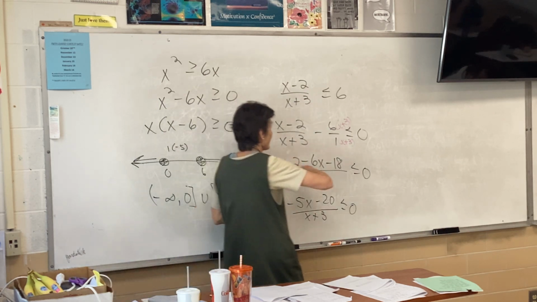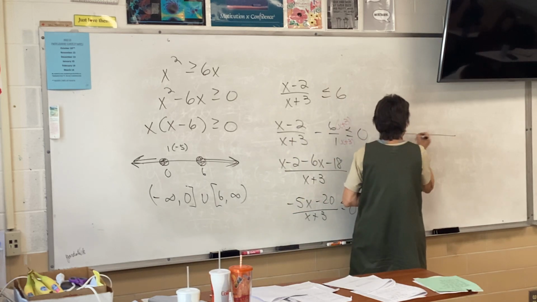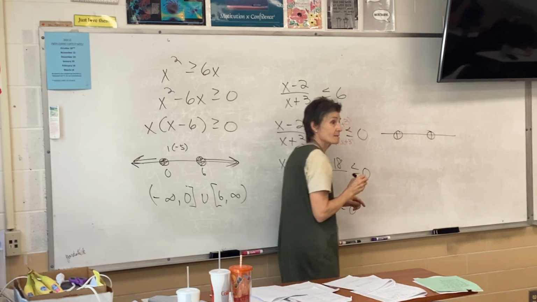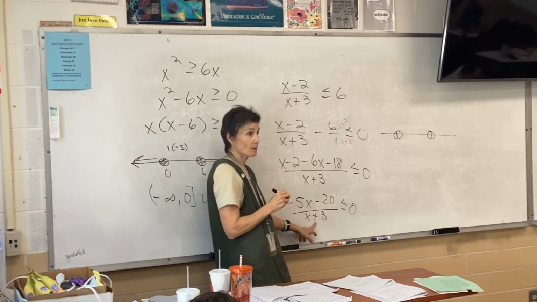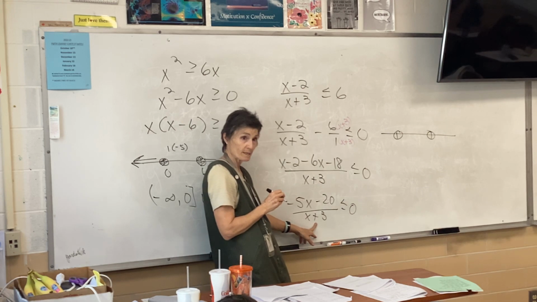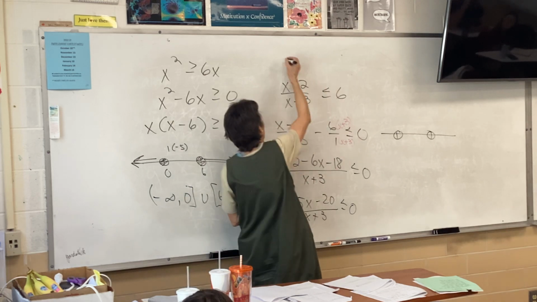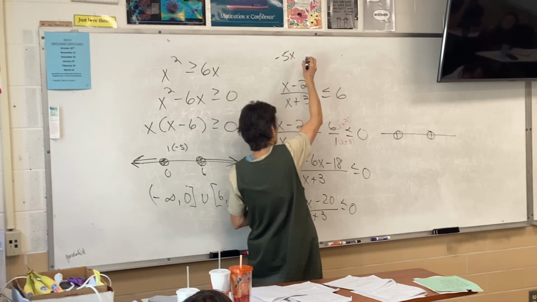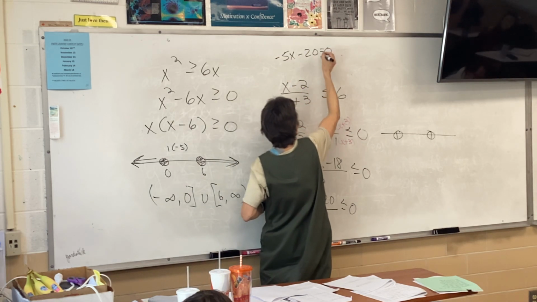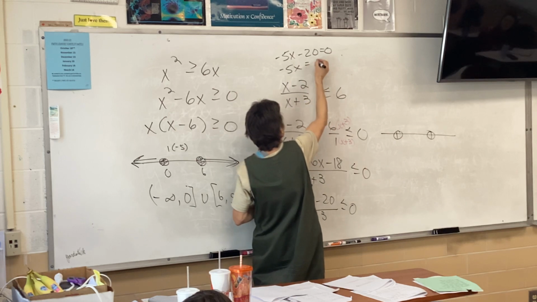Now, I know I'm gonna have a number line, and I know I'm gonna have a couple of dots. I know one of them's gonna be at negative 3. This always messes me up. So I'm gonna say negative 5x minus 20 equals 0. I'm gonna add 20 and divide.